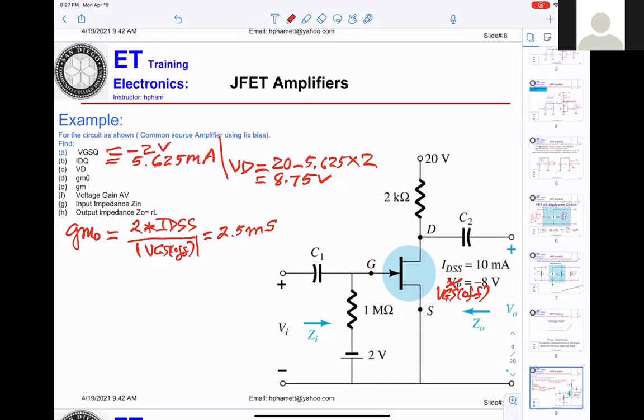So it's milliamps divided by volts. So the answer is 2.5 millisiemens. So you get the 2.5 mS?